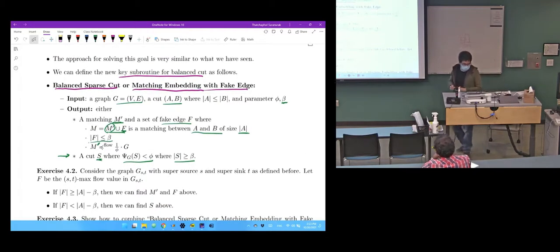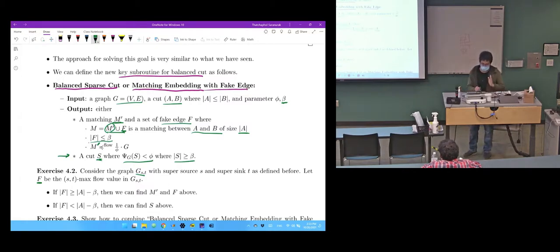It turns out that if you look at the same graph that we have defined before, and look at the size of the max flow, the algorithm is exactly the same, except that you change the threshold.